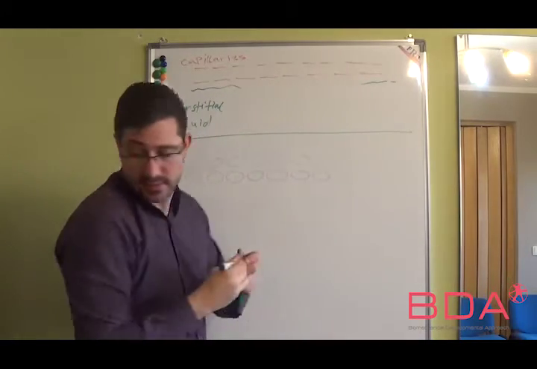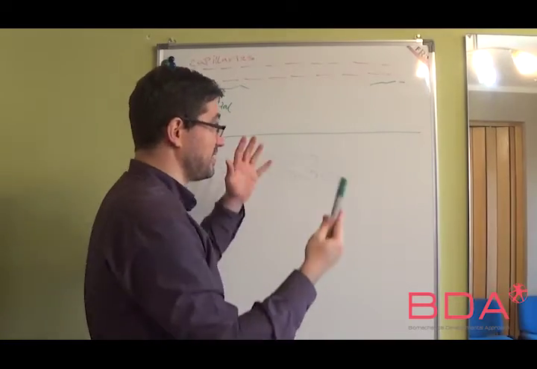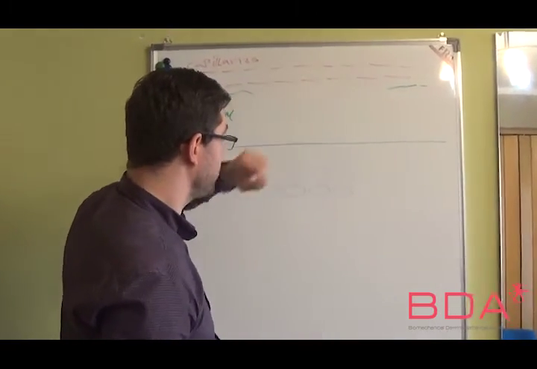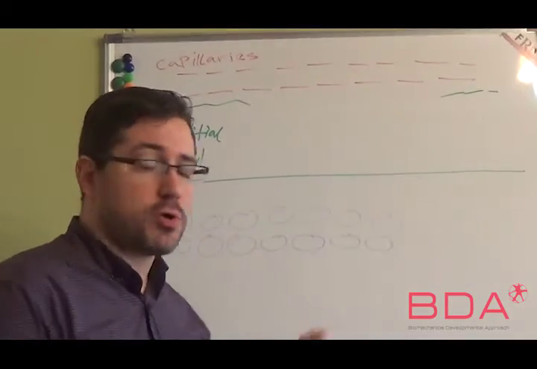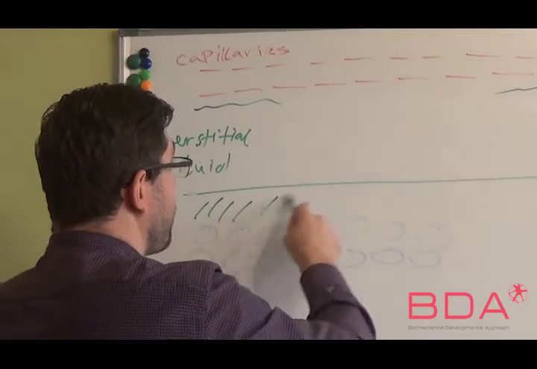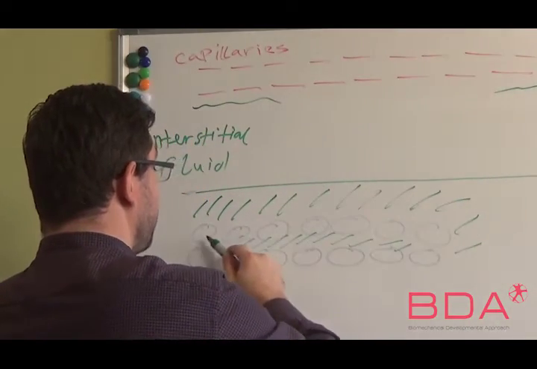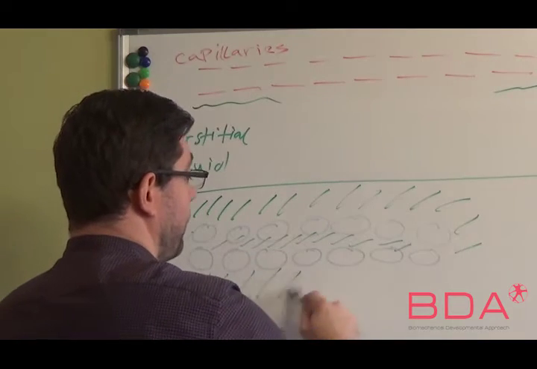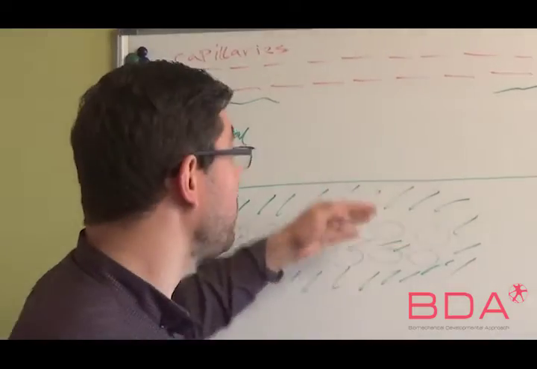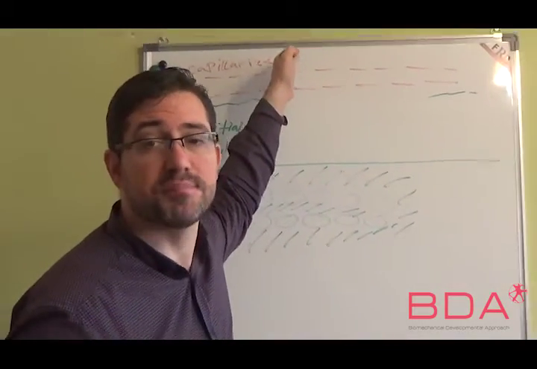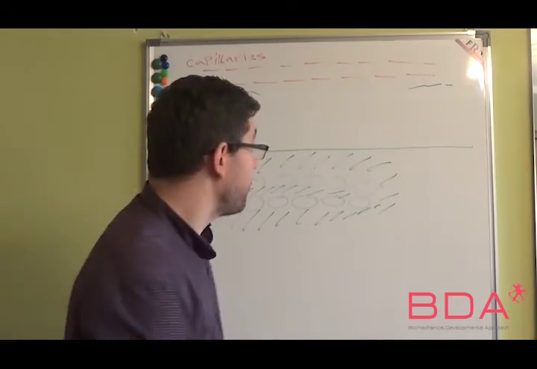Some cells, yes. But what is the interstitial fluid? It's the fluid which fills up the spaces of our tissues. Interstitial fluid is all around the cells, and cells use it as a medium with which they communicate with the blood vessels, the capillaries.